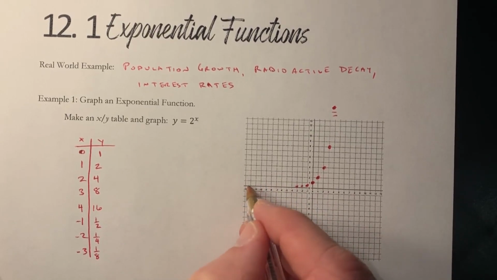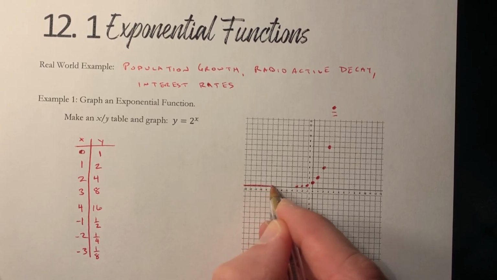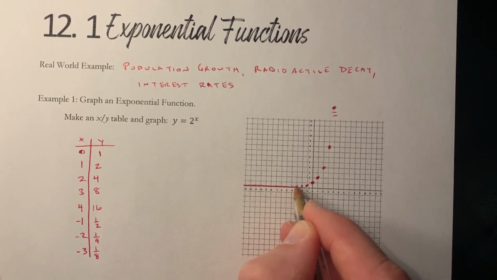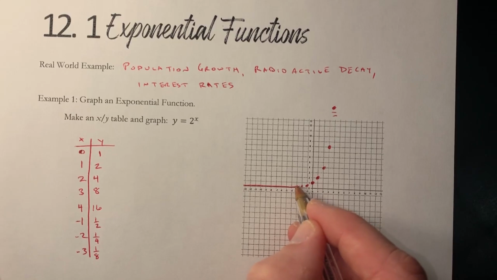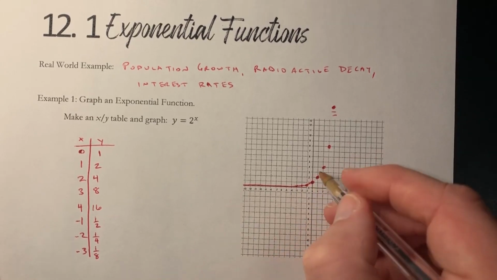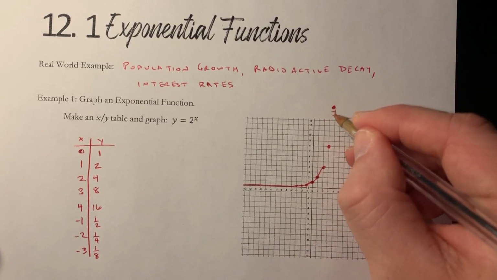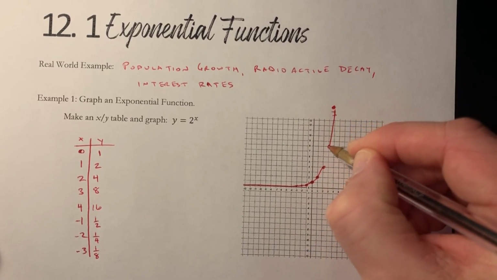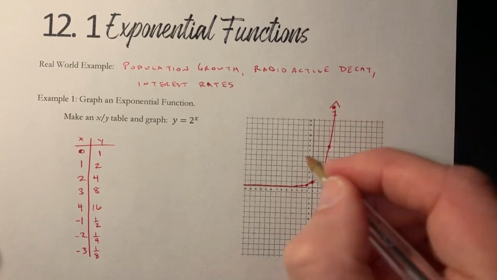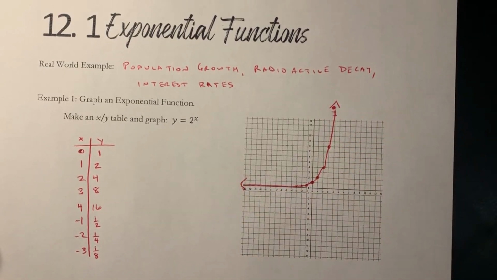It's never going to actually touch 0. It's just going to get infinitely close. So it's kind of riding along that horizontal axis there. And then it starts to very slowly grow. And then it begins to grow really quickly. And it goes infinitely on both ends.